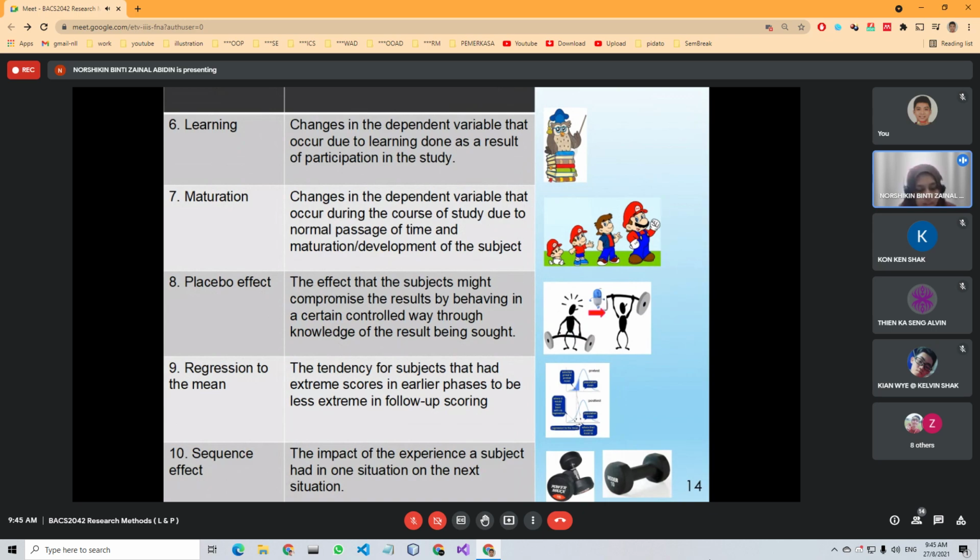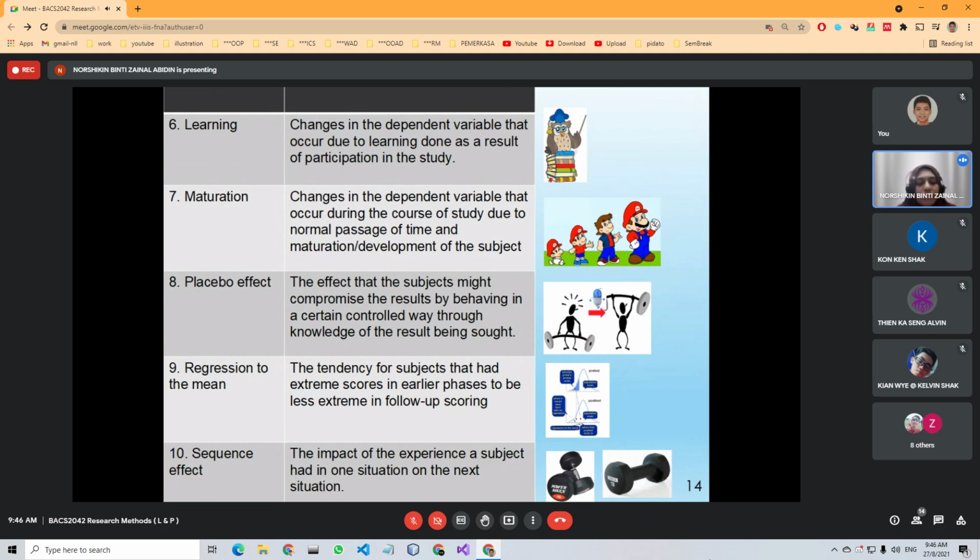So placebo effect is actually an effect that, like when we think that we are, this one is in medical, but for example, if we are sick, we have fever, but then we try to manipulate our, this one is more mental, again, I'm not sure with this statement, you can check what placebo effect is.